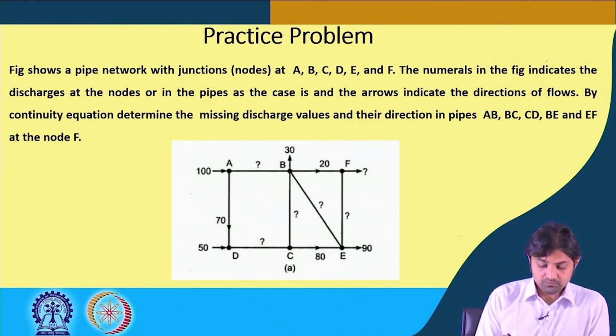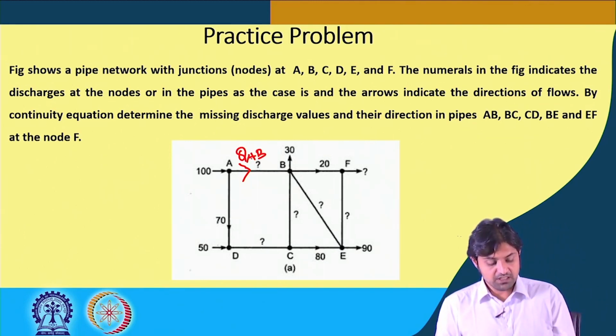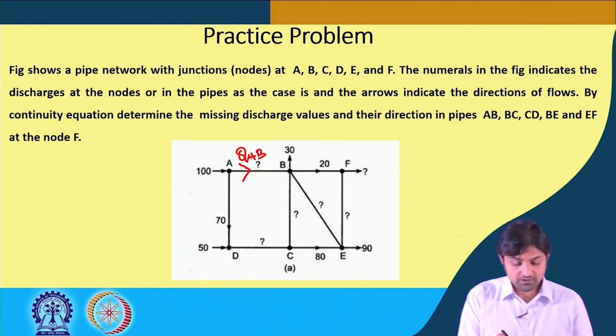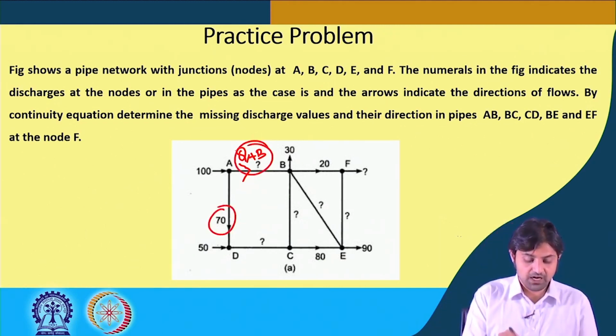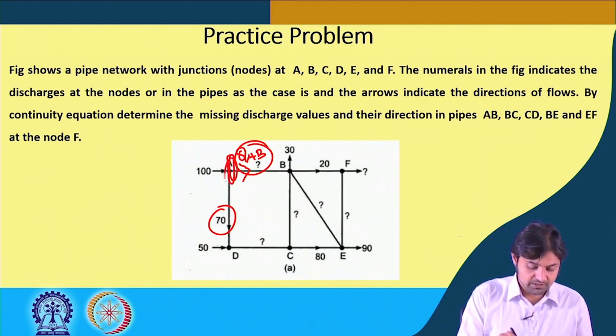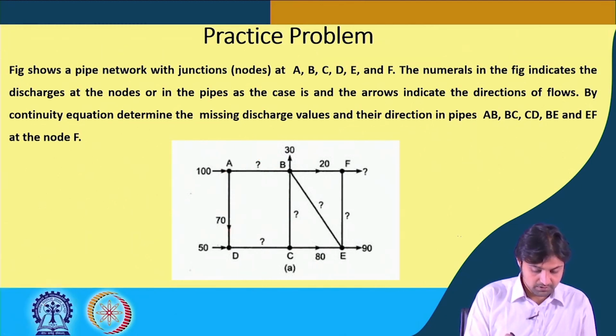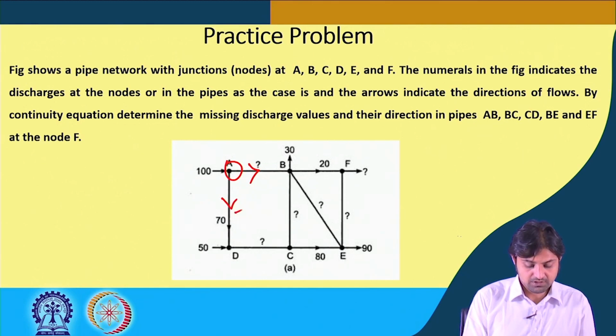If we assume this is QAB, okay. So 100 is coming in and 70 is going out, and QAB is also going out. If we consider this node A, let me just erase this, sorry, this node A. So 70 was here and we assume QAB here.